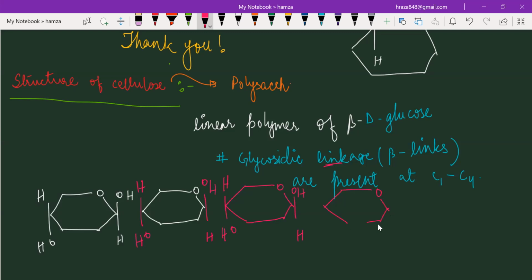Linearly it is arranged. Polymer, that means several parts of this will be there.